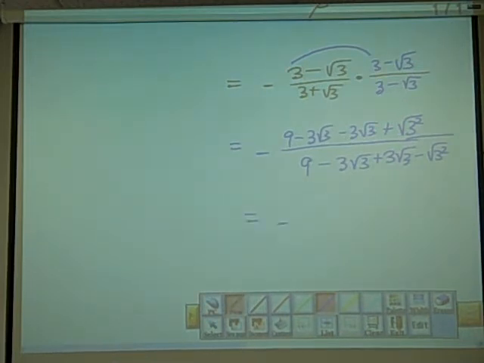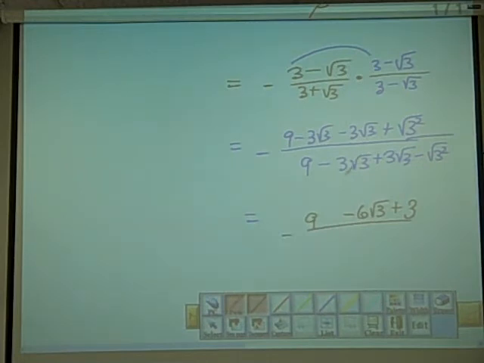So here we have a negative, and we've got a 9, this 3 square root 3 and a minus 3 squared, that's going to be a minus 6 square root 3, and this square root 3, that's going to change, right? That'll become a plus 3.